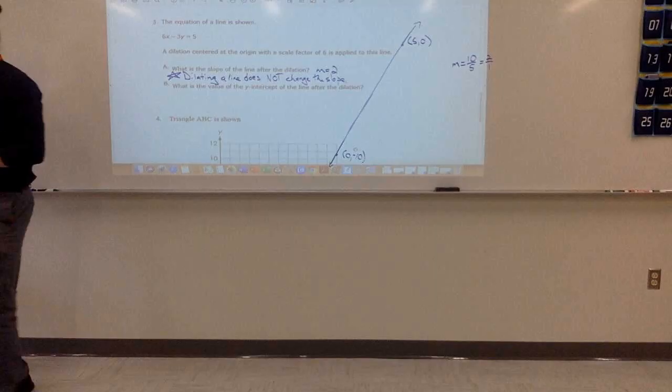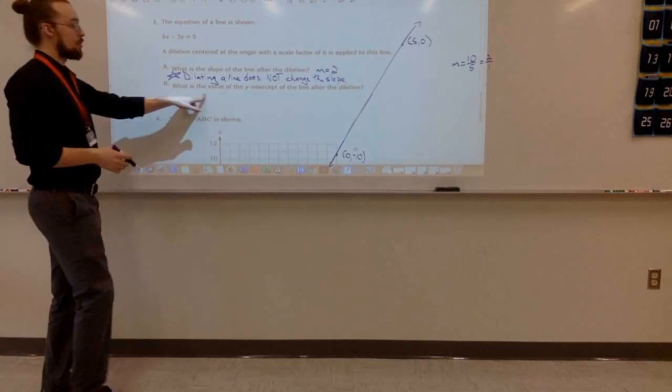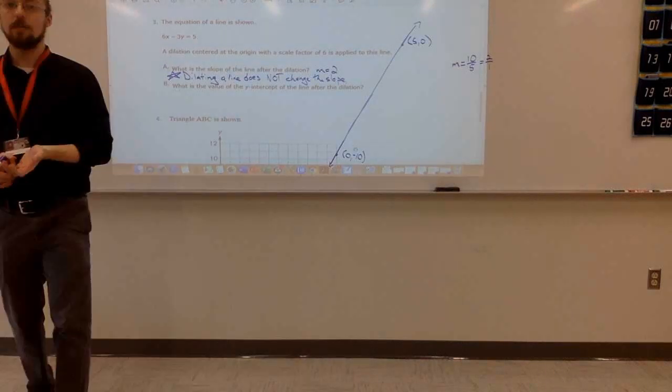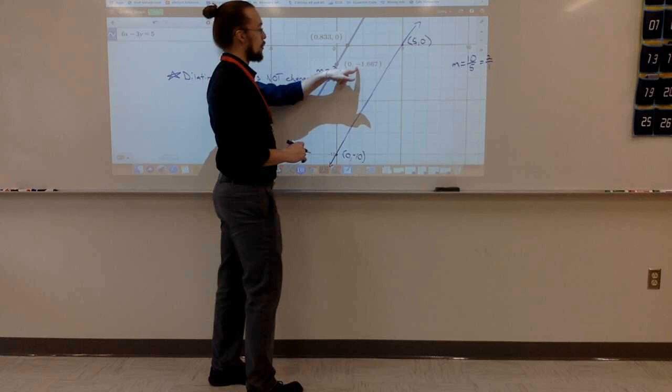Now, something that did change, though, was the value of the y-intercept. Right? If we go back and look at our original line, the y-intercept was at 0, negative 1.667, and our new y-intercept was at negative 10.